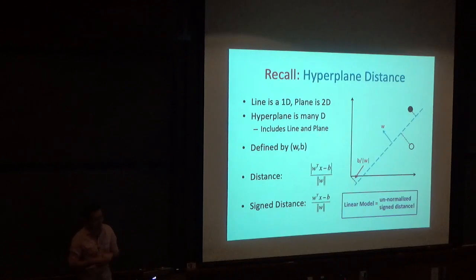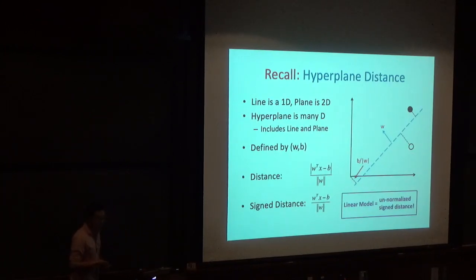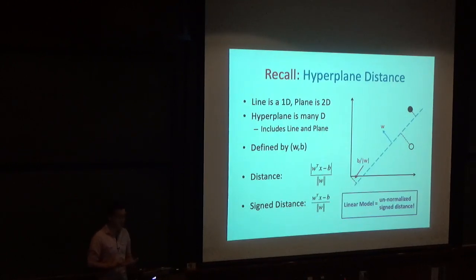A plane is a 2D hyperplane, and generically a hyperplane refers to a linearly defined surface in many dimensions, more than 1 or 2, which includes lines and planes as special cases. And it is defined by a normal vector and a bias offset term, W and B. So exactly the same terms that define a linear function.